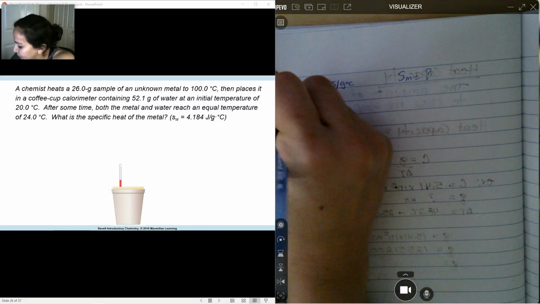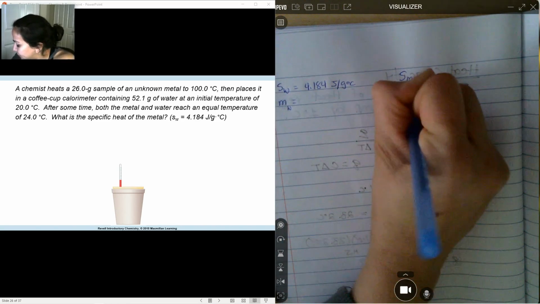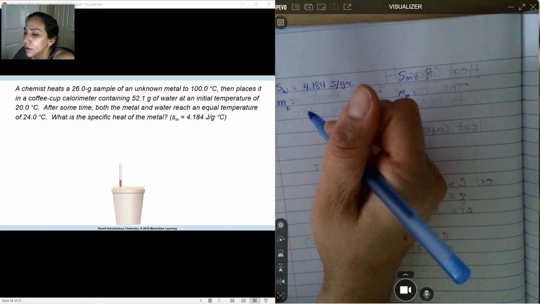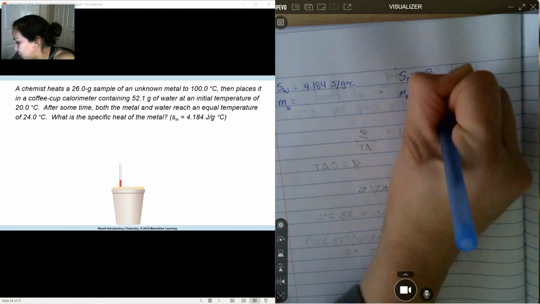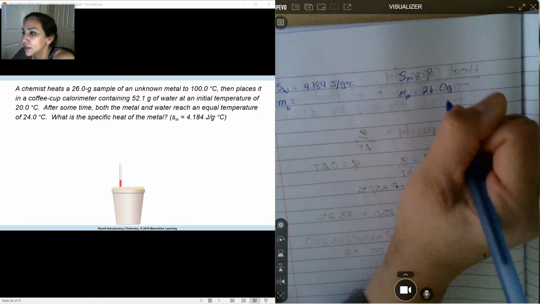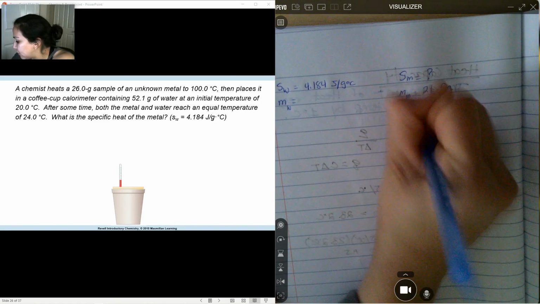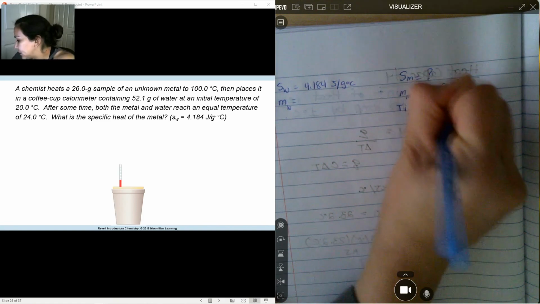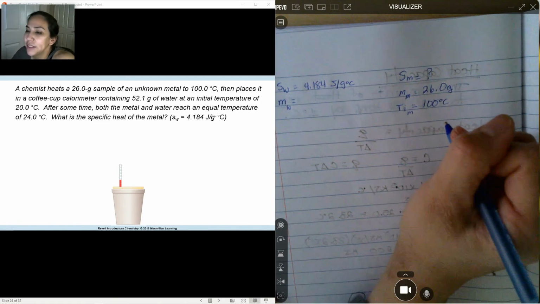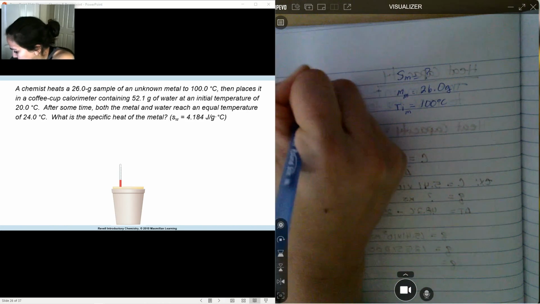Okay. Let's just do mass of water and then mass of our metal. We have 26.0 grams of this. The temperature initial of my metal is 100 degrees Celsius. It places it in a coffee cup calorimeter containing 52.1 grams of water.